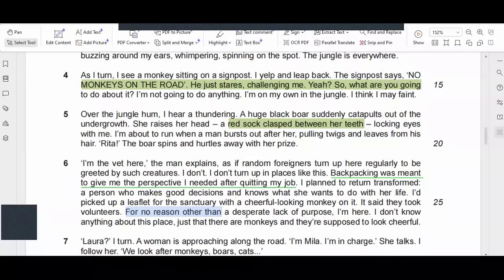Again, I am here. I don't know anything about the place, just that there are monkeys and they are supposed to look cheerful." This is giving us an understanding that she came here unprepared, right? So the feeling is unprepared and the evidence is right there. In the same way, you can pick up the third evidence and the feeling from the text. The format of the answer must remain the same.